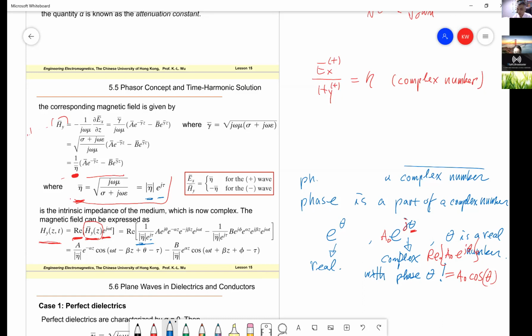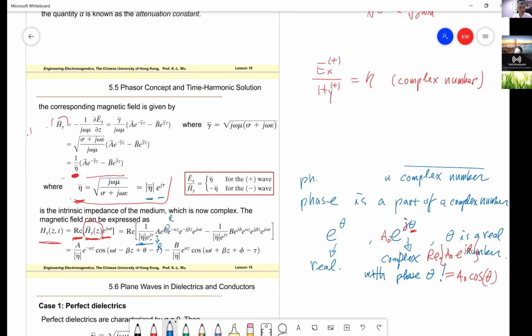For A, this is a phasor, and I also write it as a magnitude and phase. If the magnitude is real, I just write R, with phase theta.